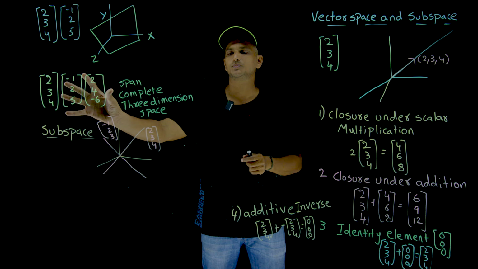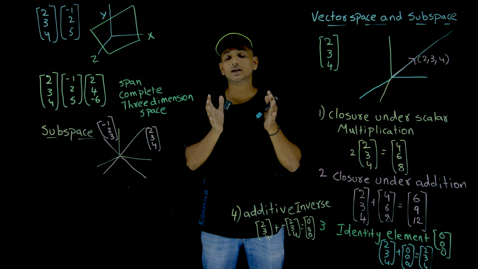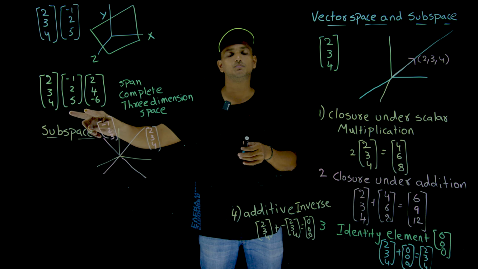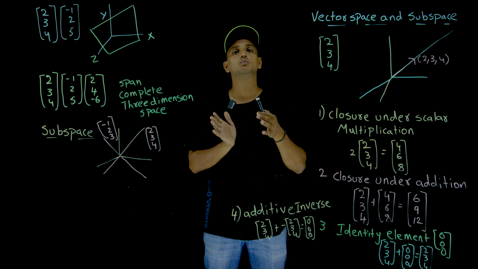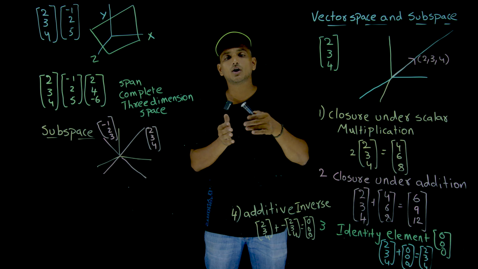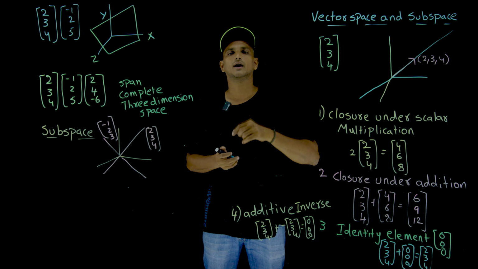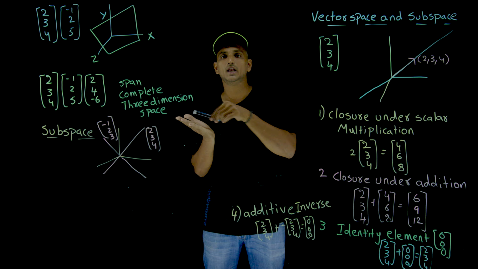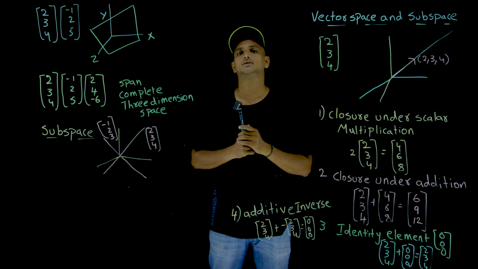So what's the vector space belonging to these vectors? The complete three-dimensional space. Using these three vectors, by doing scalar multiplication and addition, you can move to any point in the three-dimensional space. The graphical intuition of how we can move to any point, we provided in our last class.